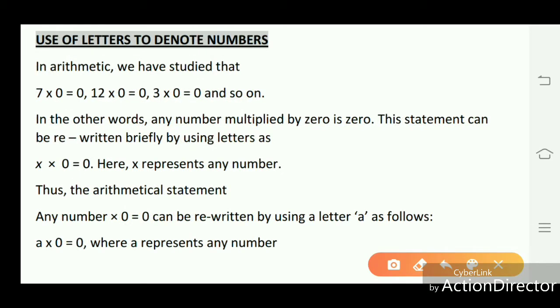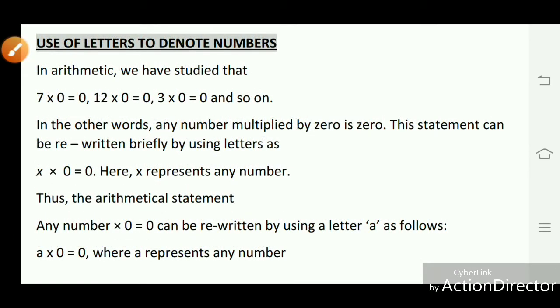Here x represents any number. Thus the arithmetical statement can be written by using a letter a as follows: a multiplied by 0 equals 0, where a represents any number.